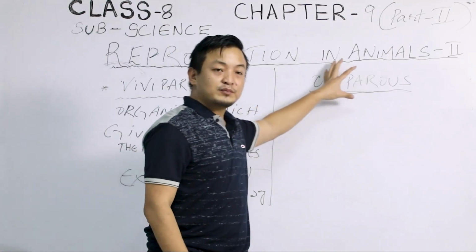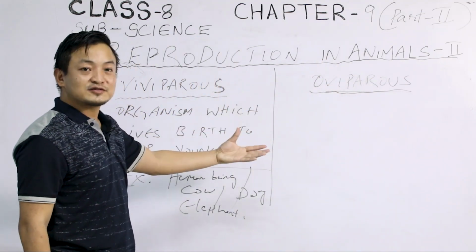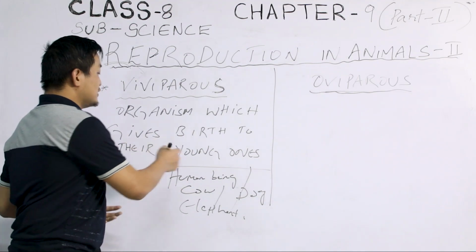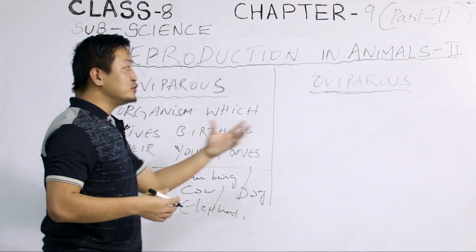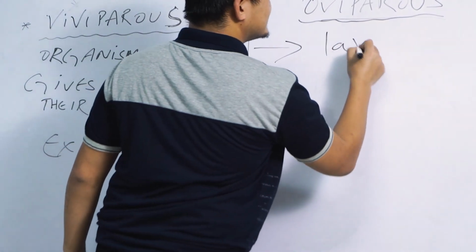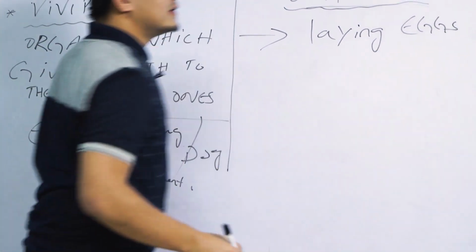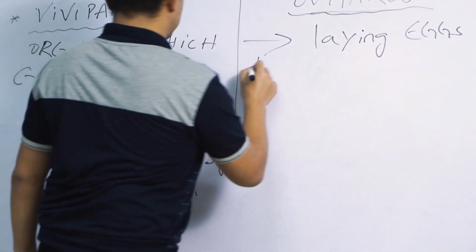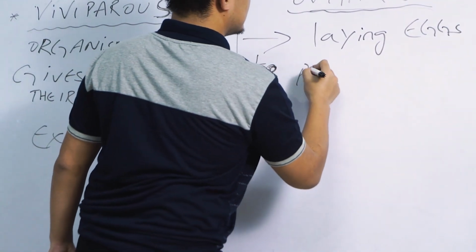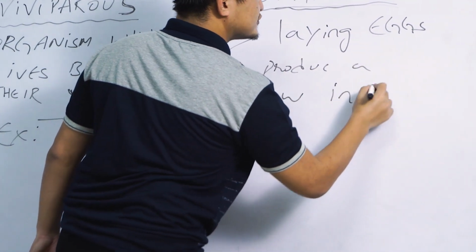Now, what about oviparous? Oviparous are those organisms which lay eggs, okay? In order to produce a new individual, they lay eggs, okay? So this has to do with laying eggs. Clear? Laying eggs to produce a new individual, okay?